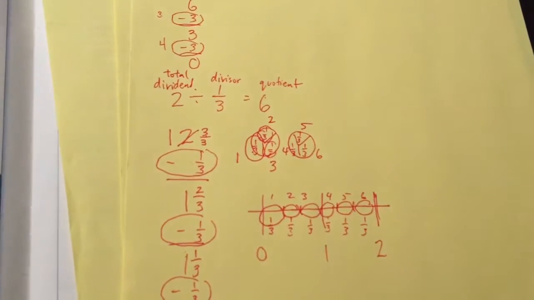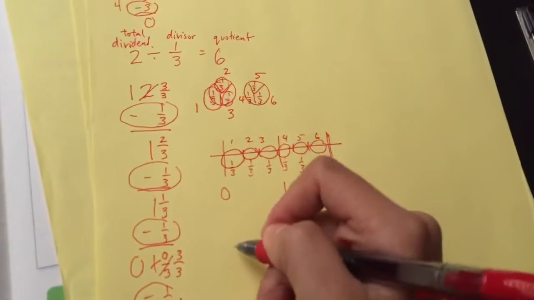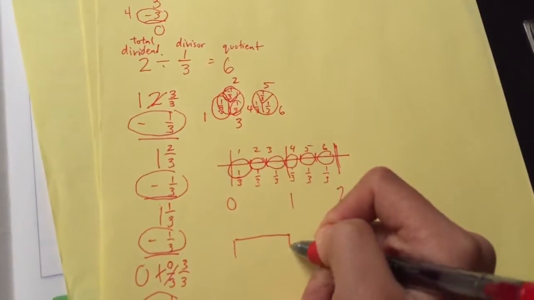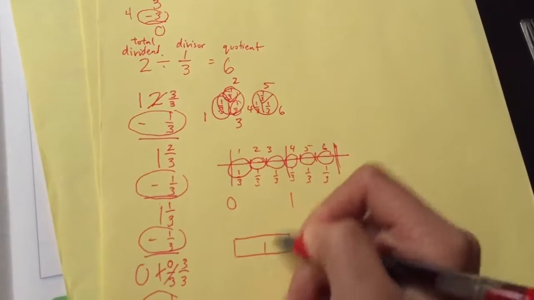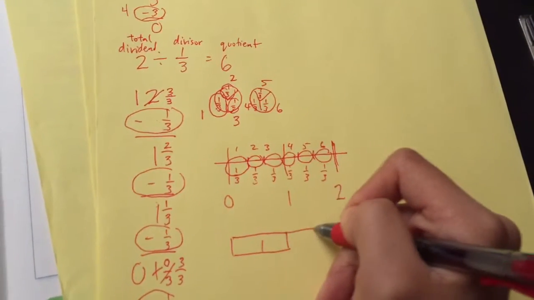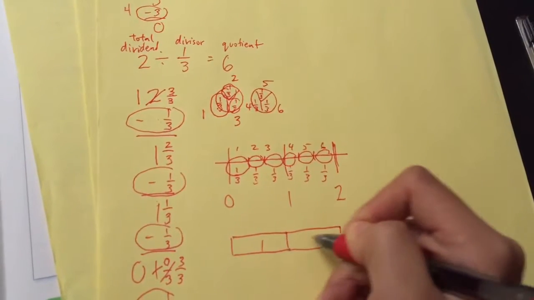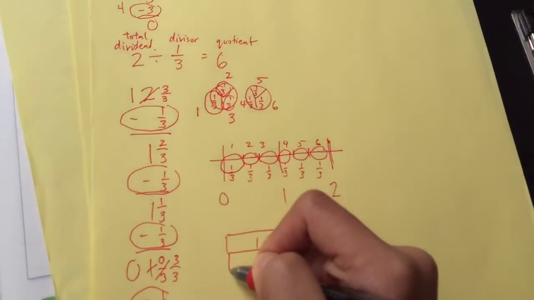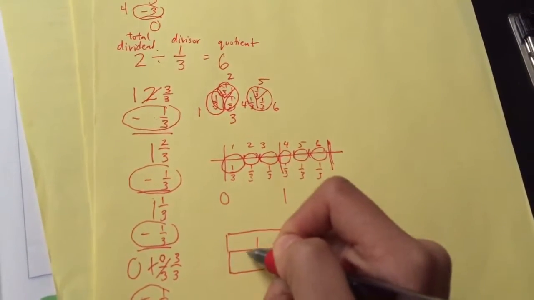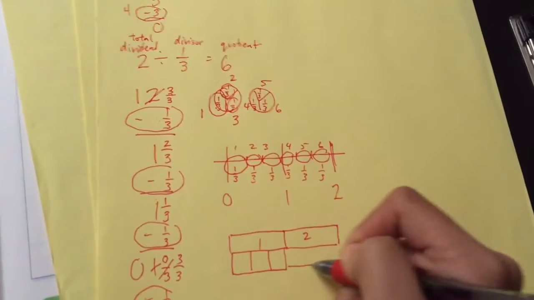If we were to do it as a fraction strip, here's 1 whole, similar to the number line. Here are 2 wholes, similar to the number line. And what you're doing is each of these is going to be split into thirds.